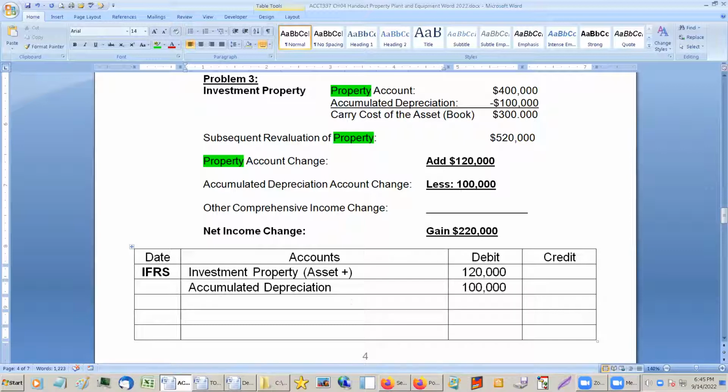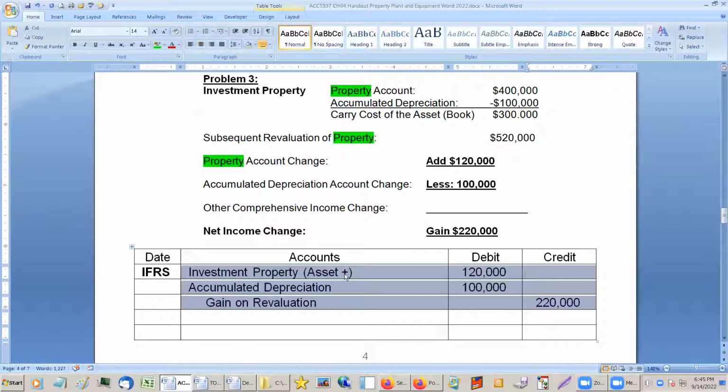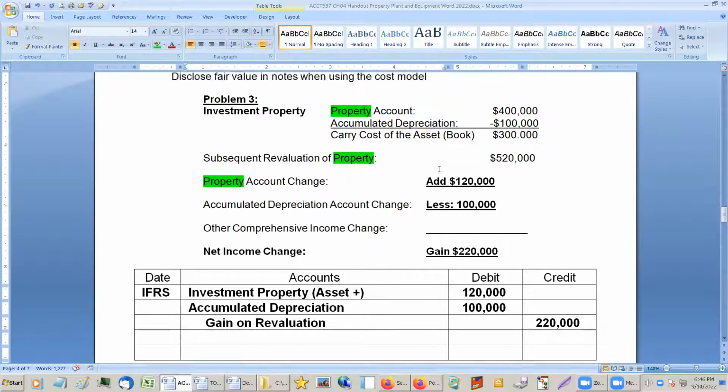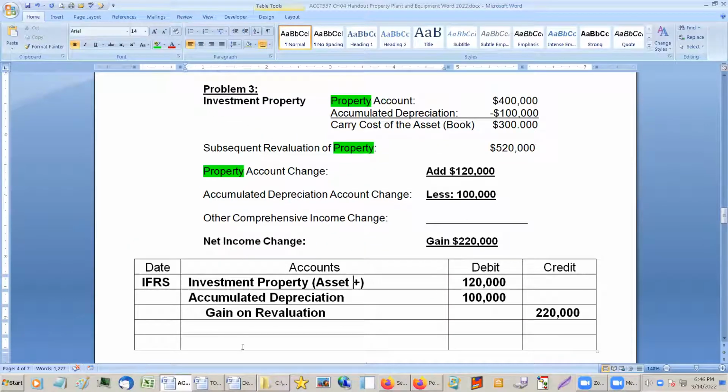And so that would be the journal entry. Now, for this one, we don't allow for any of that for US standards, so you just reverse out the whole thing.